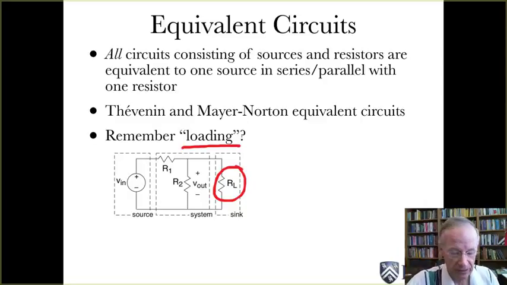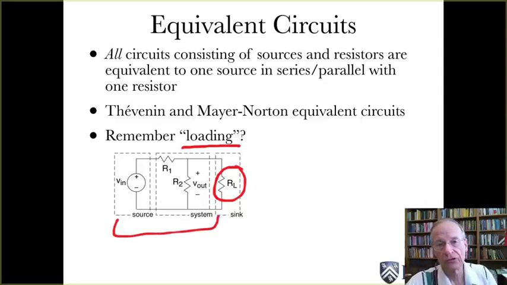That's called loading down the original circuit. Well, I want to figure out what values of RL will not contribute to loading. What kind of resistor values can the sink have so that the V out doesn't change from what it is if nothing was attached?